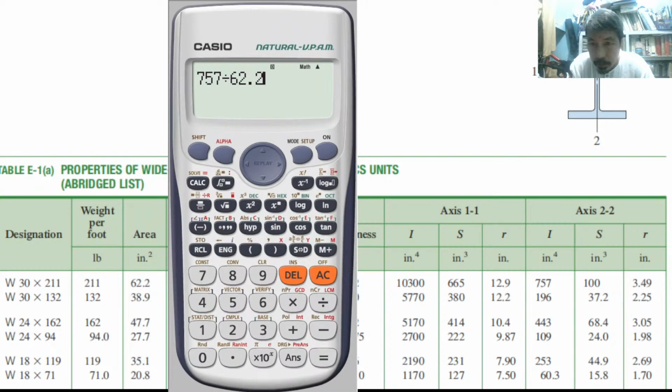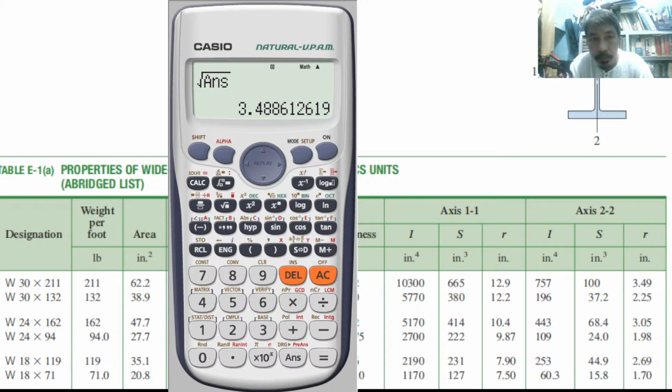So you have this quotient. Then take the square root of this, and the answer would be the value of R. Take a look: 3.4886. So the value of R in your table is 3.48.